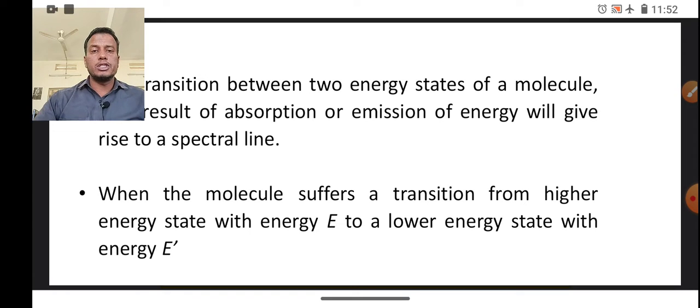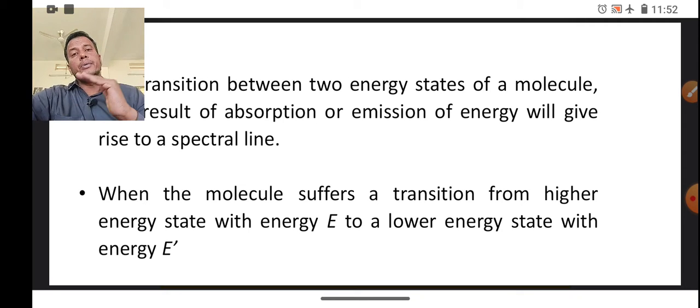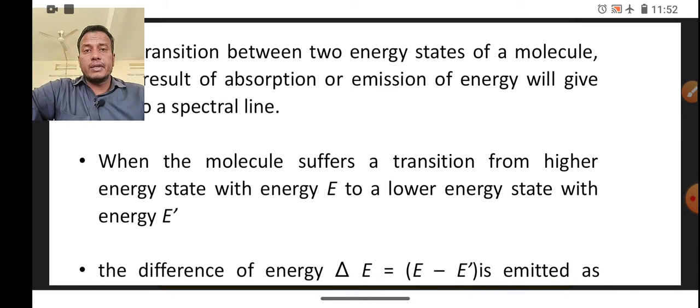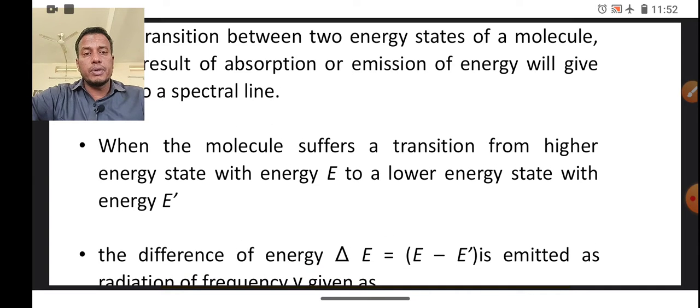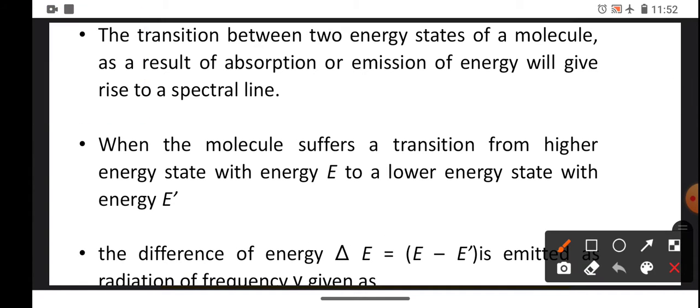So they give spectral lines, and there are various energy levels, where E is the higher energy level and E dash is the lower energy level. The difference in their energy can be given by E minus E dash.